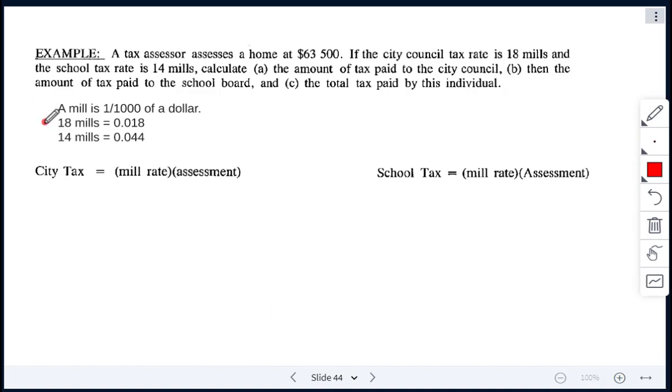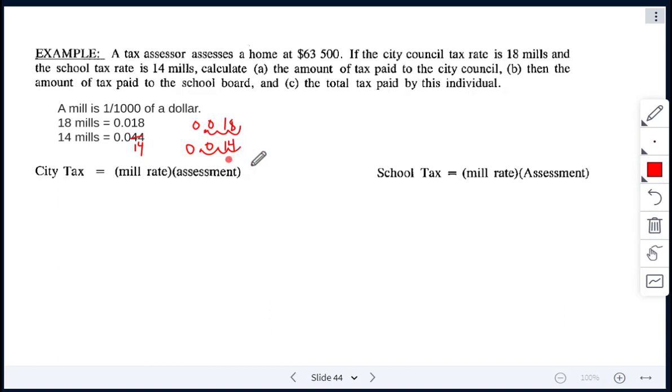So 18 mils is actually 0.018. We're moving the decimal place 3 to the left. Same thing for 14 mils, I had a typo there, 14, not 44: 1, 2, 3, the decimal goes there, 0.014.